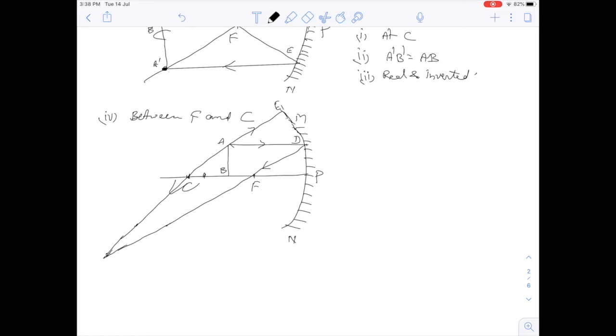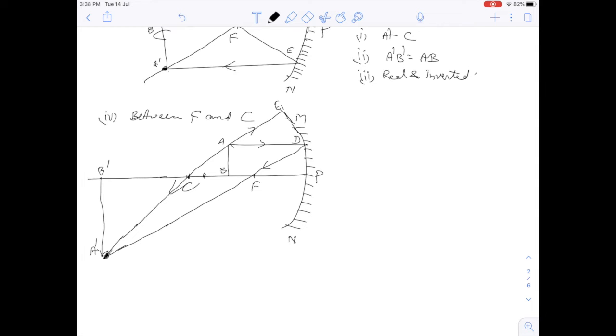These two reflected rays will intersect at this point. So the image position is at this point, and this is A dash B dash. What are the two rays which are intersecting? One reflected from D, another reflected from E.